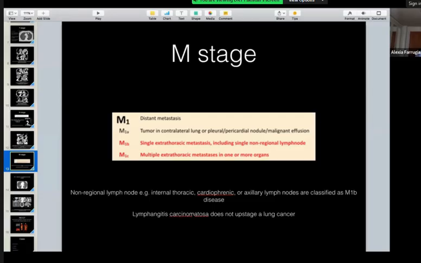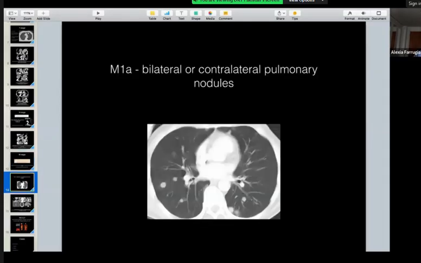In the TNM classification in the 8th edition, there is no mention of lymphangitis carcinomatosa, though clearly this may change with subsequent editions as our understanding improves. So let's see some pictures. M1A: bilateral or contralateral pulmonary nodules would infer an M1A stage.